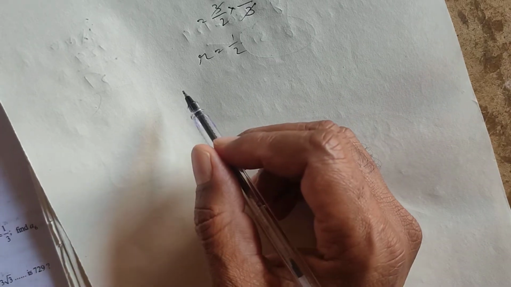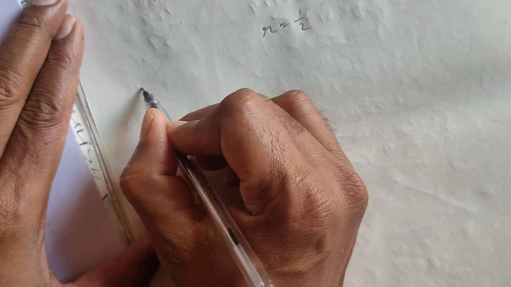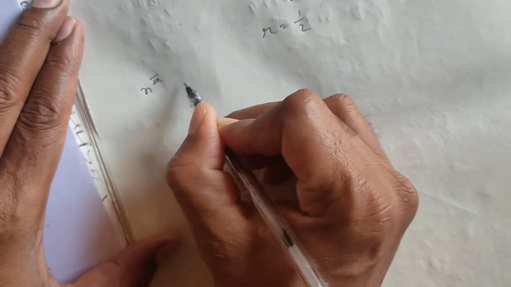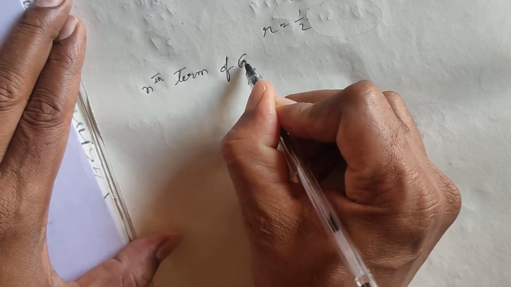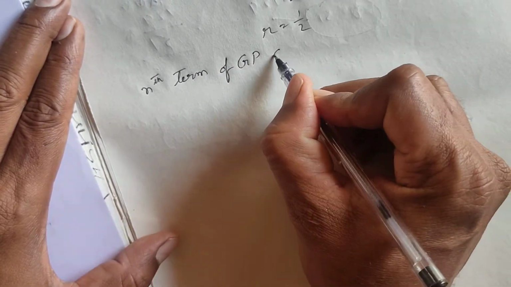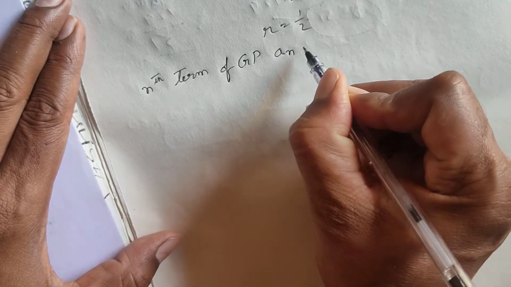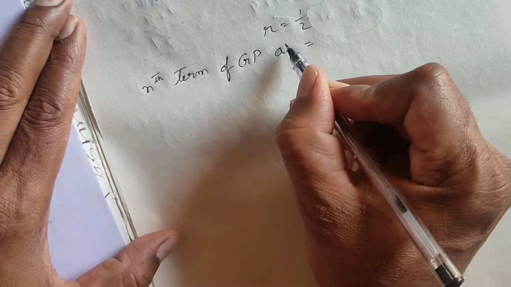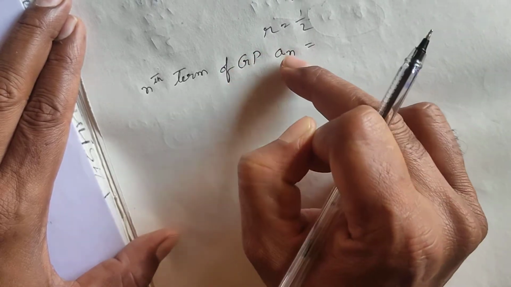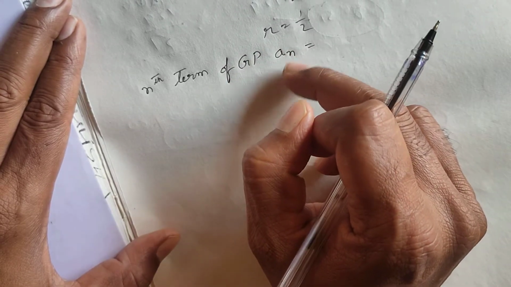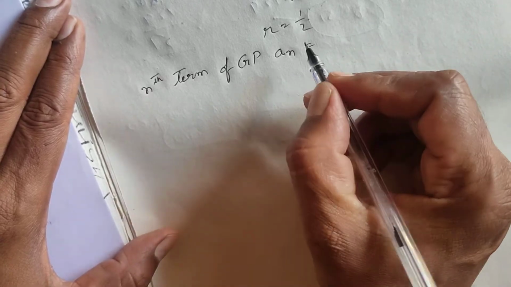Okay. Next, he asked to find a_n. So you have to write it as the nth term of GP, and you denote it with a_n like this. a and n should not be written side by side. a is slightly above and n is called the suffix.